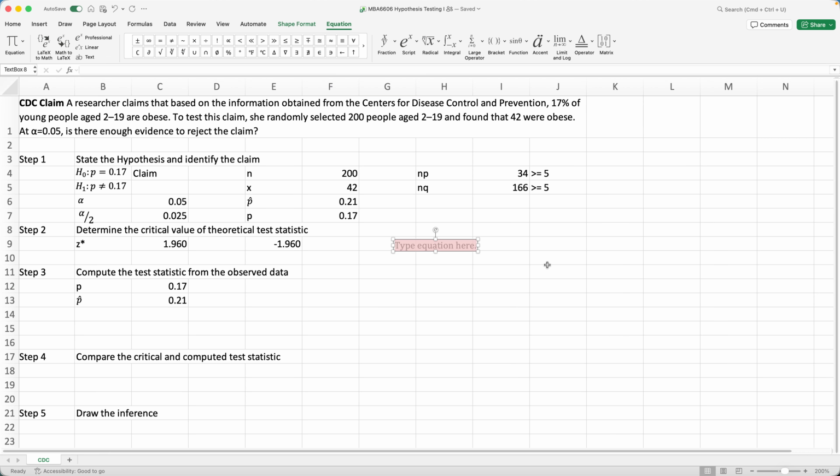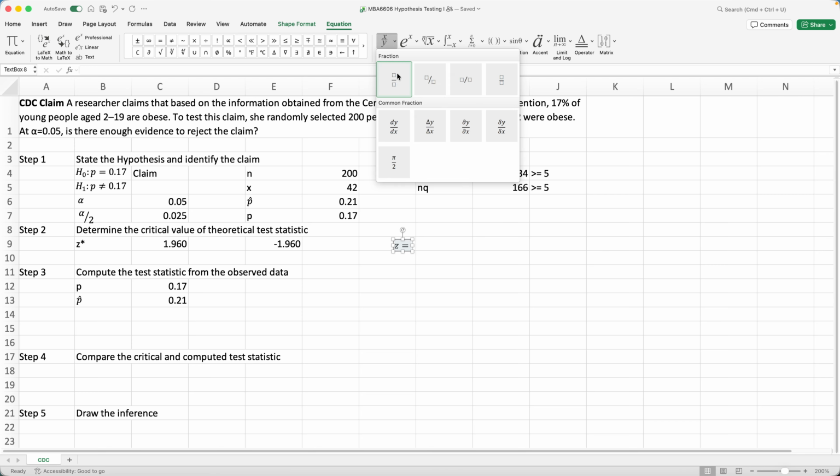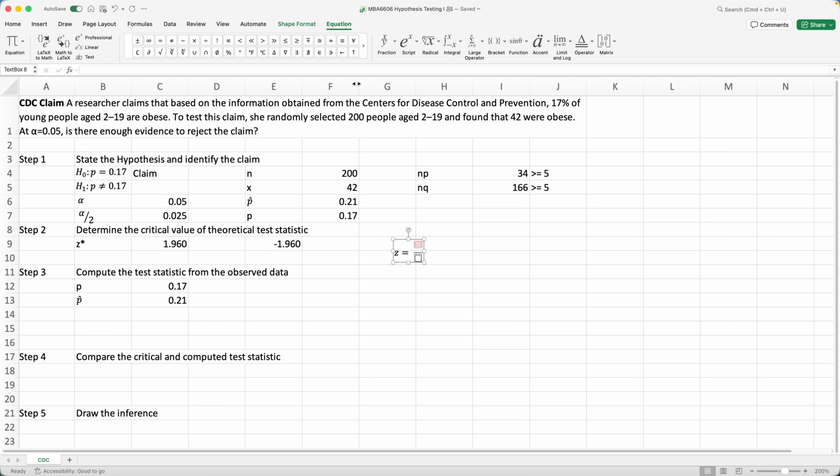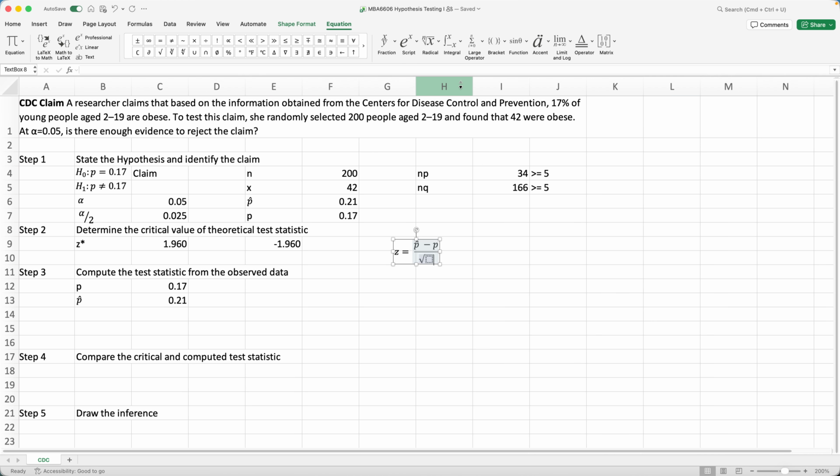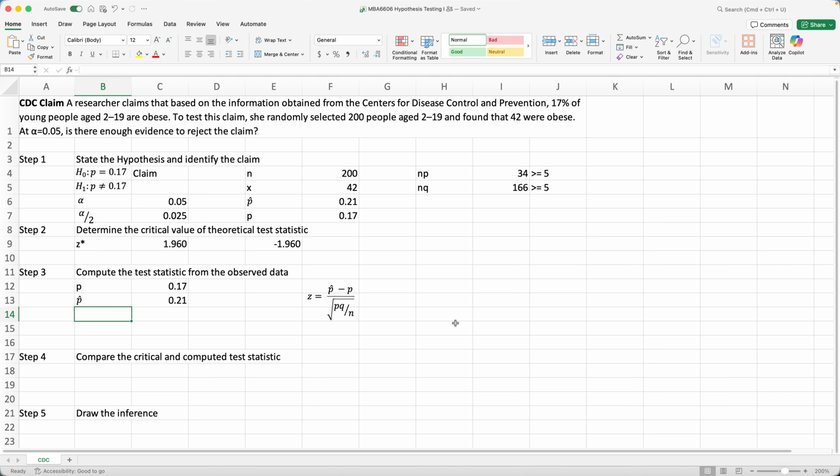Z is equal to P hat minus P divided by the standard error, which is square root of PQ by N. We have P hat, N is 200.